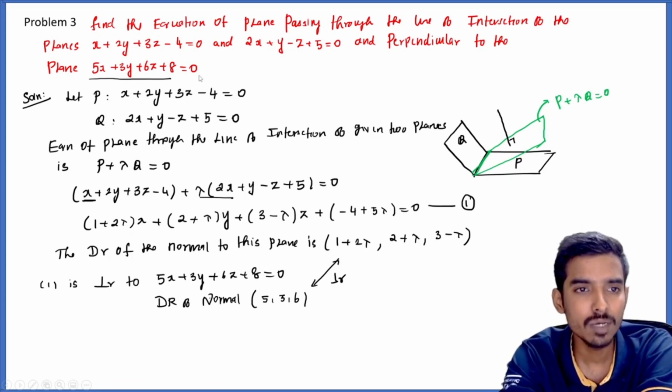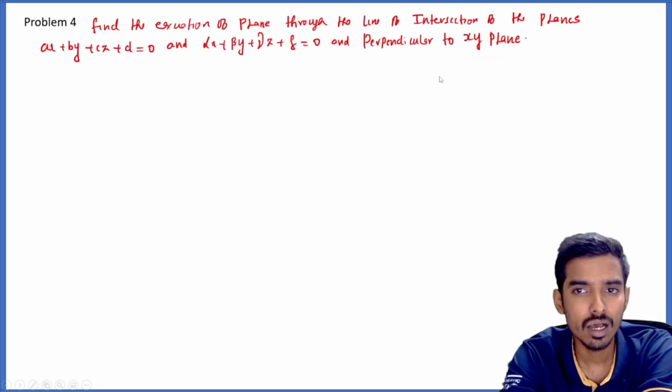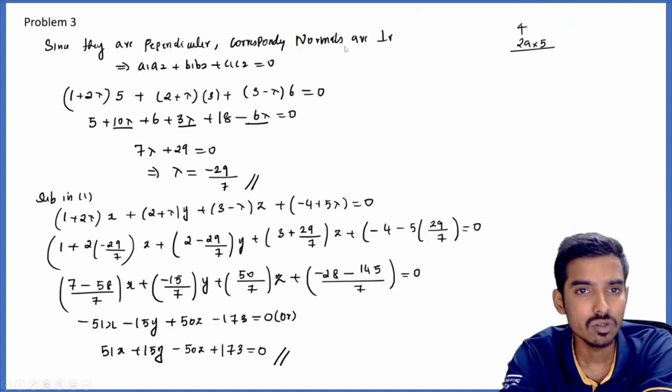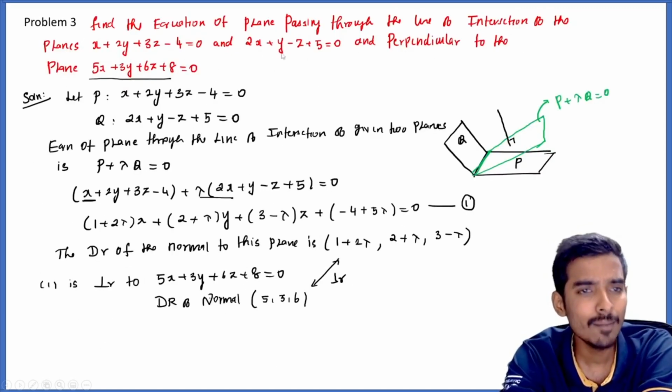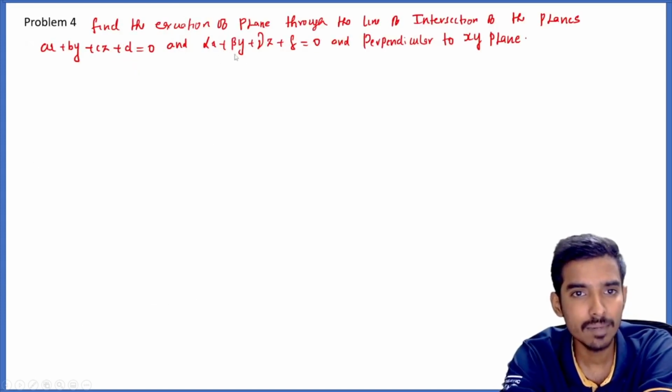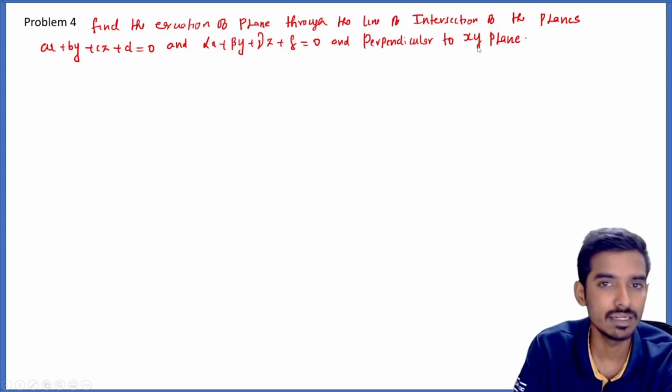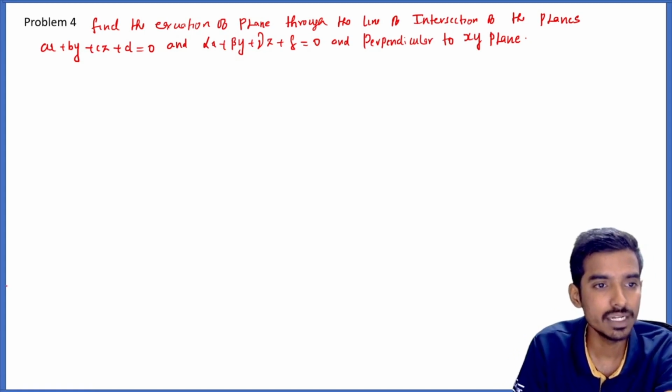Now they have given that it is perpendicular to the xy plane, that's it. Here, they have said that p plus lambda q is perpendicular to the xy plane. That's it, right? Okay. So we'll do the solution.